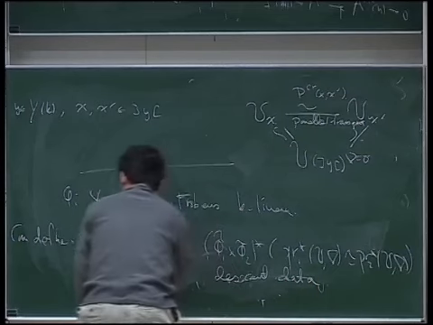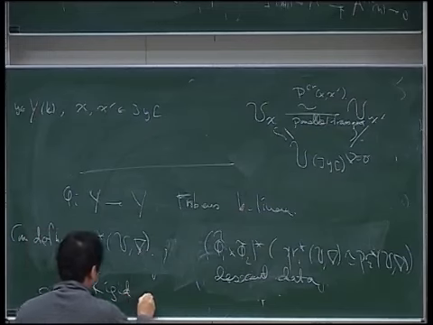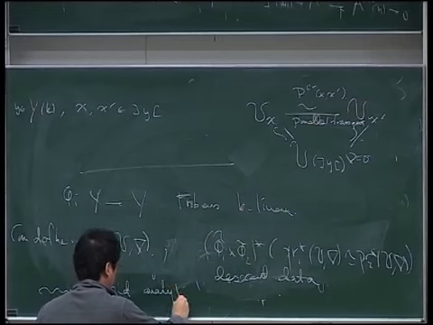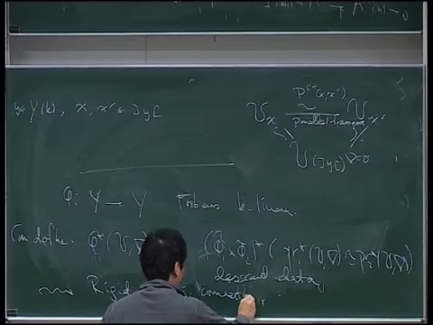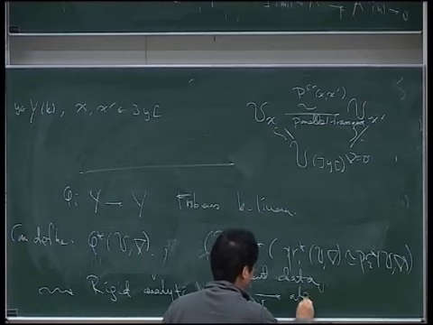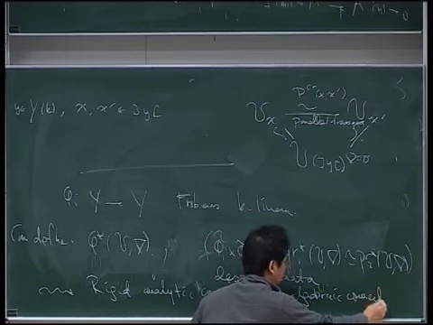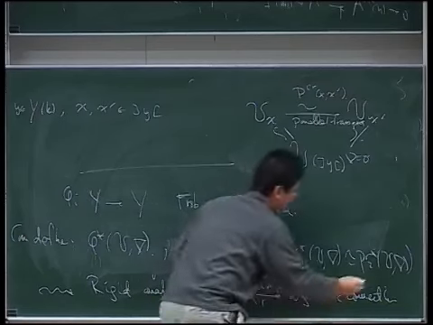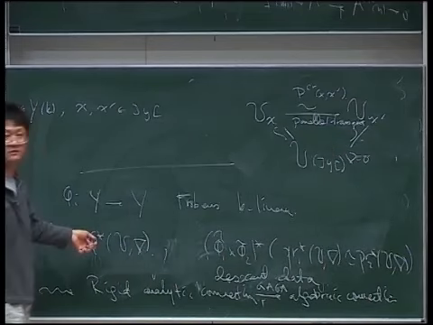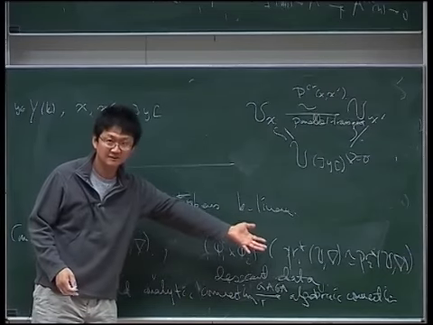Sheaf-theoretically, this gives rise to a rigid analytic connection, and then this gives rise to an algebraic connection. This is by GAGA, the rigid analytic GAGA. So that's the whole definition of this Frobenius pullback, the local Frobenius pullback, together with this descent data.